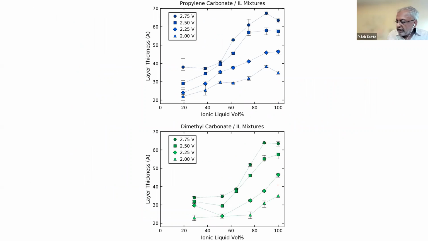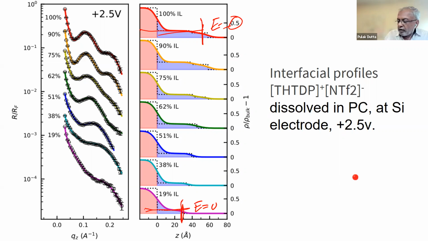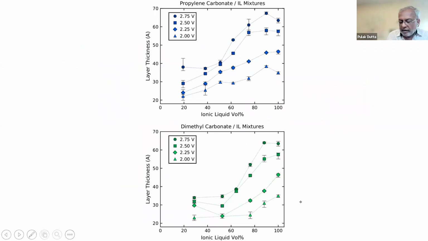This was of course at a high voltage, 2.5 volts, but we did it as a function of voltage. This is for PC, the polar solvent. This is for DMC, the non-polar solvent. And there's a bit of noise here, but this is the layer thickness as a function of volts. These lines are connected just to help you see it.